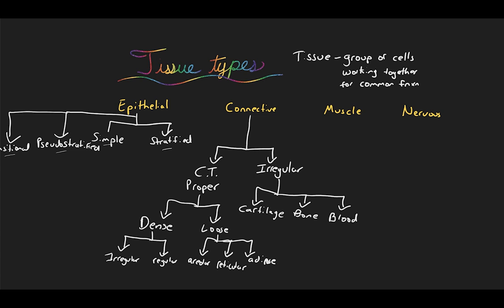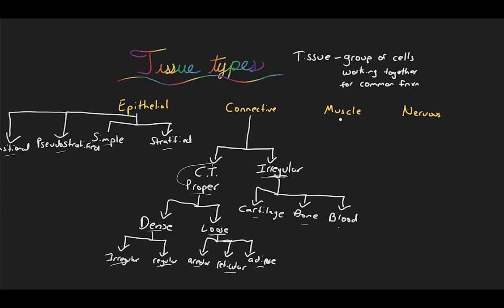So we have the breakdown into fibrous connective tissue proper and irregular connective tissues. Under connective tissue proper, we have dense and loose, so we could have dense irregular, dense regular. Under loose, we can have areolar, reticular, adipose. And under irregular, we have cartilage, bone, and blood.